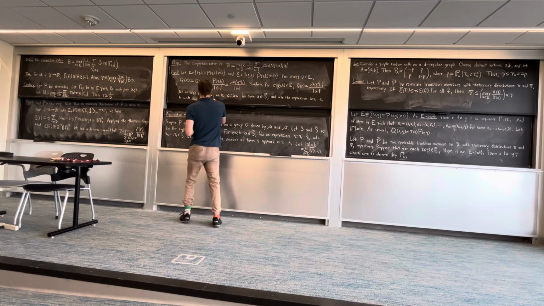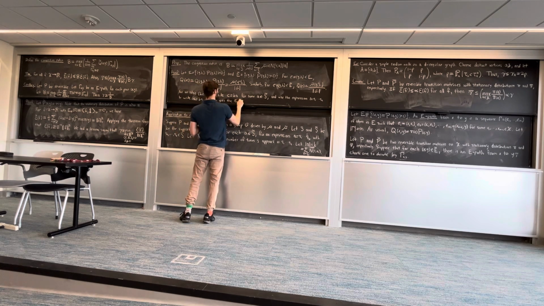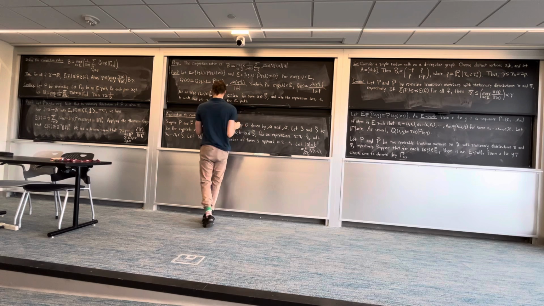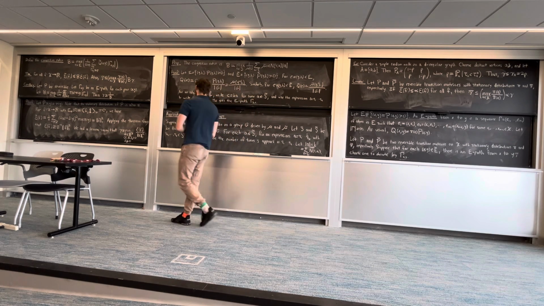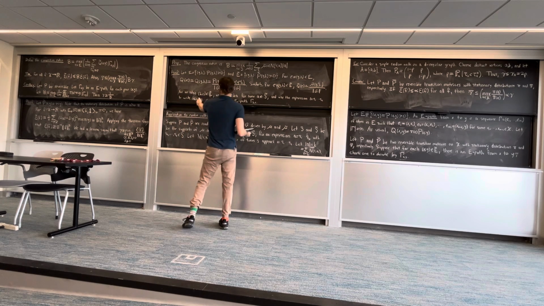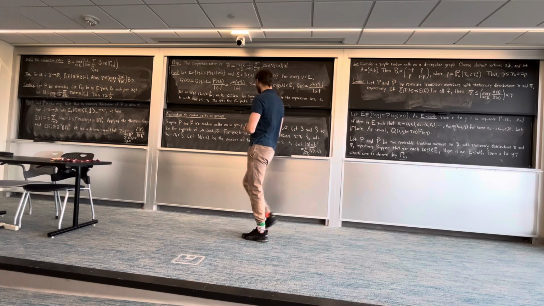So this gives our E path, gamma sub B, C, where the path is: you go from B to B S1 to B S1 S2 to B S1 S2 S3, and so on until you get to C.